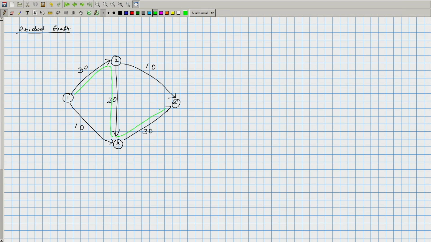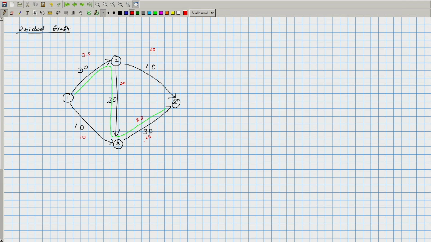But clearly we could have, let us say, sent 30 units from 1 to 2 and split it, 10 to 2 to 3. So, we could have done the following: 30 starts from here, 10 goes here, 20 goes here, and this 20 goes here, an additional 10 comes from here, and that is sent on this.